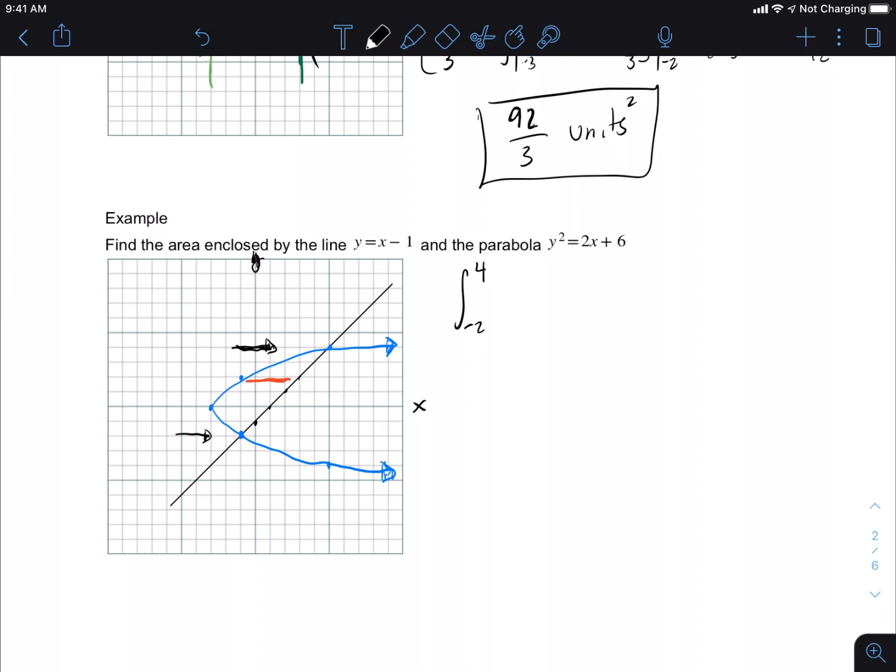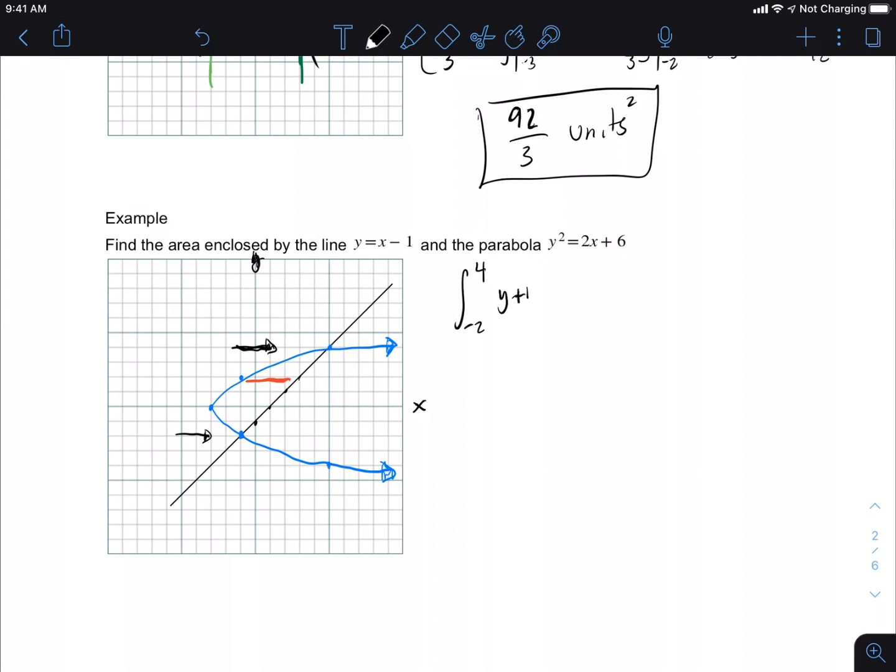But we need to write it now in terms of y. So what would it be? X equals y plus 1? So it's y plus 1. Right? Because you solved it for x. In the previous examples, we had y is equal to something. We didn't write the y part. We only wrote the x part. So in this case, since we're in dy, we only write the y part, which is y plus 1.